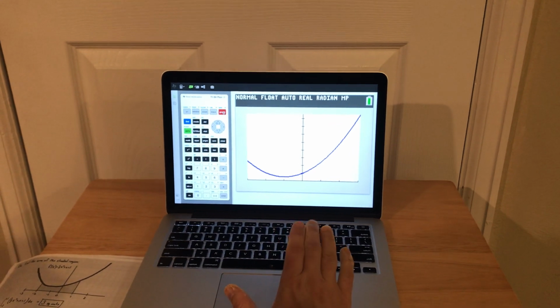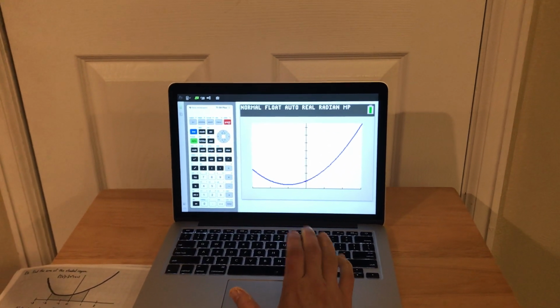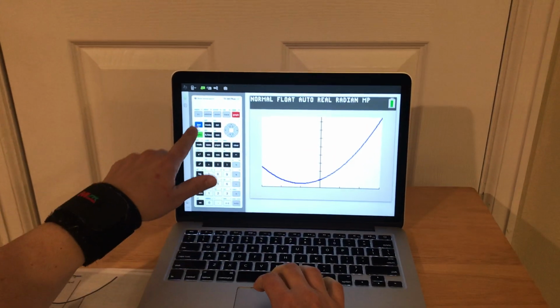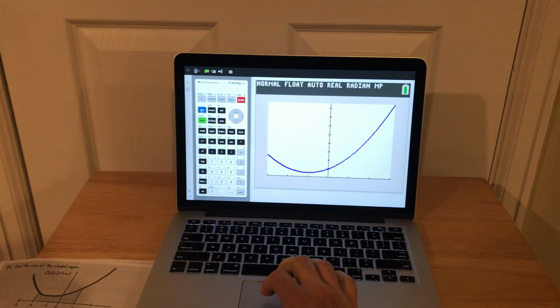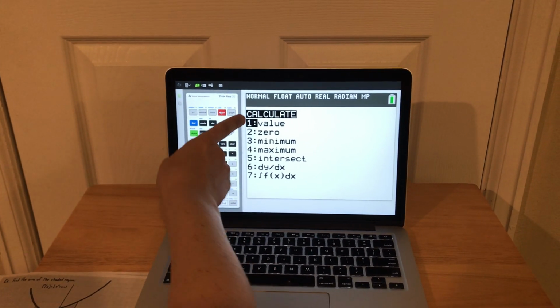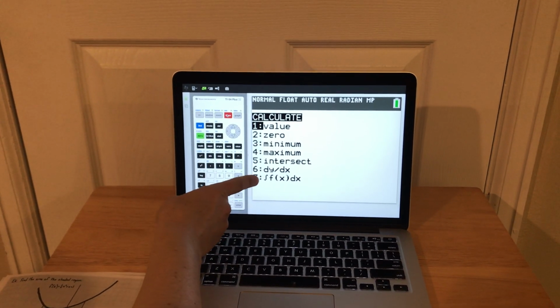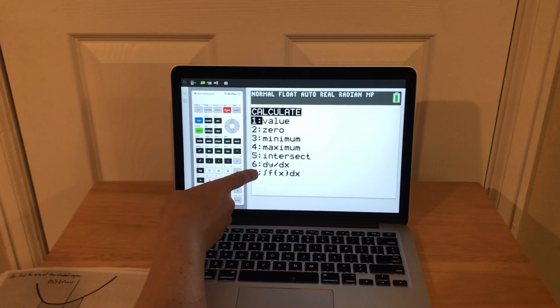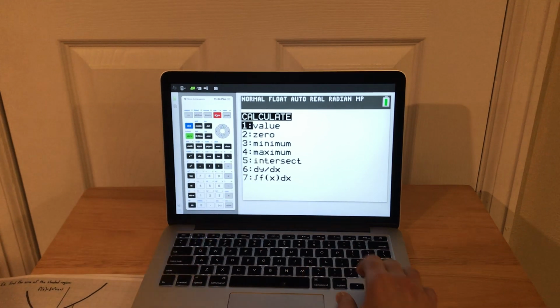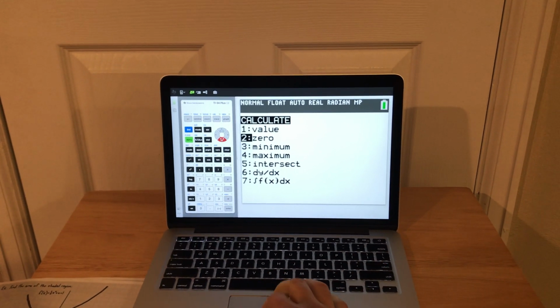Okay, once I have my function graphed, this is the important part. So if I do second and then trace, that gives me calculate. So second, trace, and what you might notice is now you can go down to number 7 and you might recognize that integral sign, the integral of f of x dx, and that's what we're looking for.